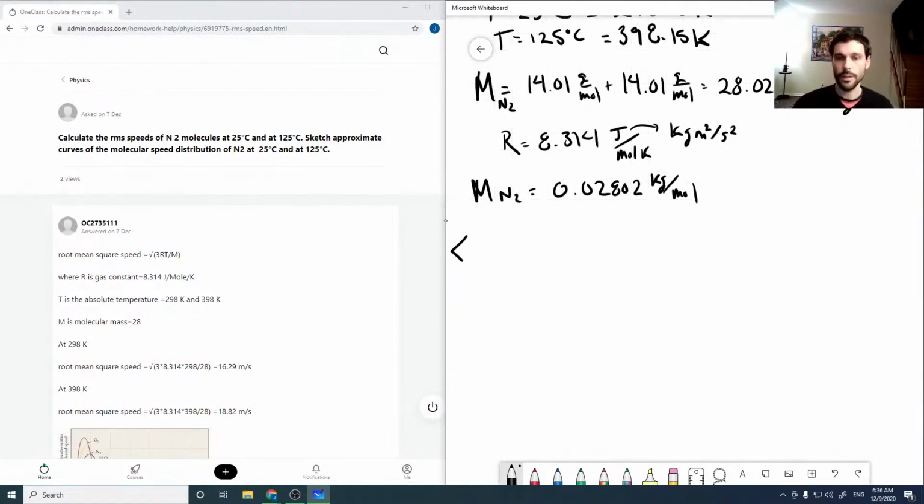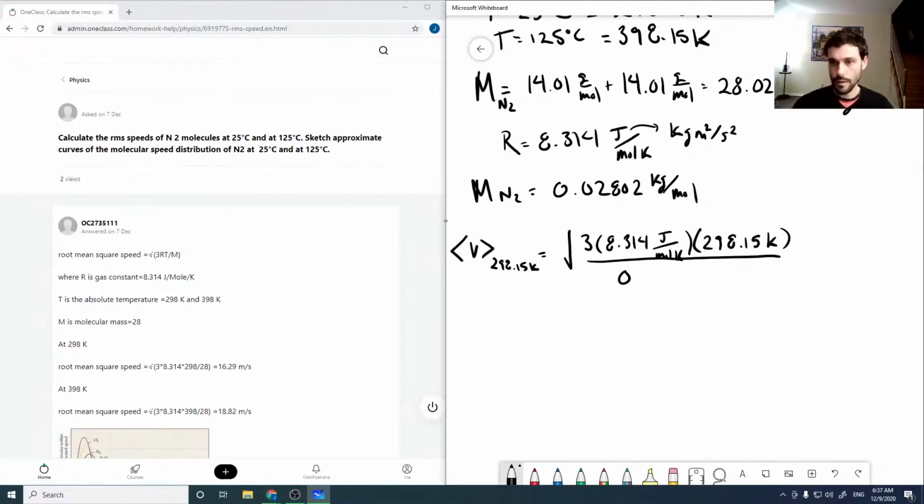So our average speed at 298 is the square root of 8.314 joules per mole Kelvin, 298.15, and all divided by 0.02802 kilograms per mole.